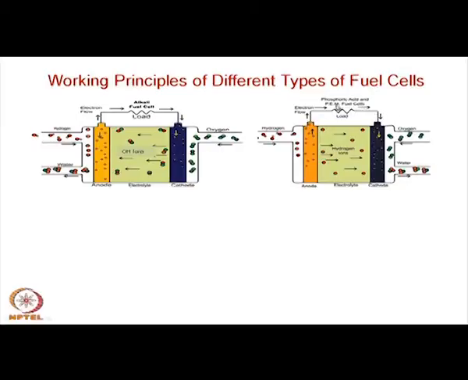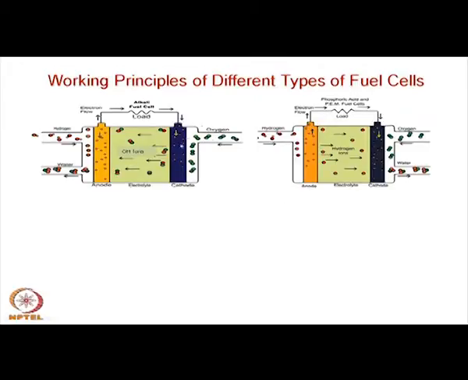So, you can generate current and a load can be attached to that. Oxygen comes from one side, hydrogen comes from the other side, and they combine electrochemically and ultimately water goes out. On this side hydrogen and water go on the same side, whereas for this system oxygen and water are on the same side. So hydrogen comes from the other side, combines with oxygen and releases water as the product of conversion.